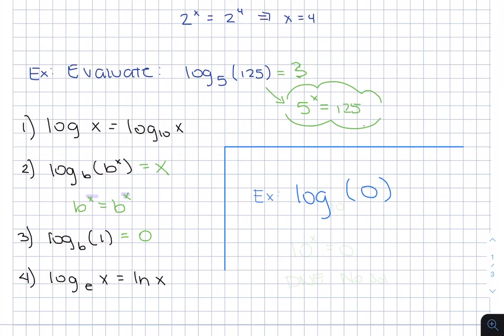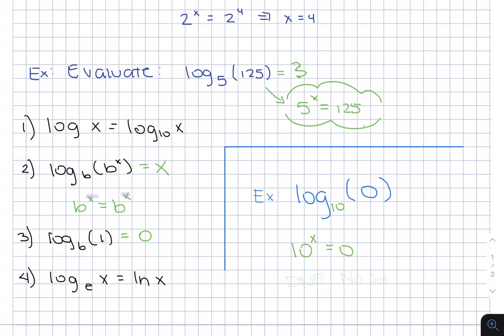Let's take a look at a side example. If we wanted to evaluate the log of 0, then that basically means, in this case, we have no base, so we can assume that our base is 10. This means that 10 to what power gives us 0. But is there any exponent that you can raise something to that gives us 0?